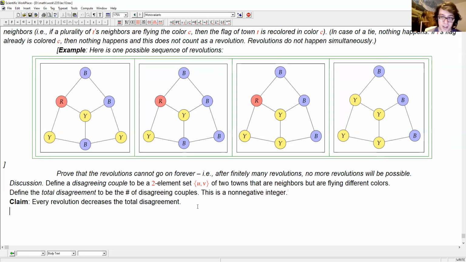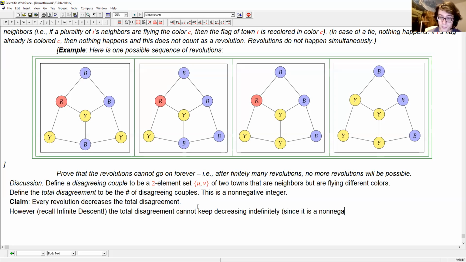Okay, and now recall infinite descent, by the way. This is the same idea. The total disagreement cannot keep decreasing indefinitely, since it is a non-negative integer. If you have a non-negative integer and it decreases and remains a non-negative integer, it has to decrease by at least one at each step.